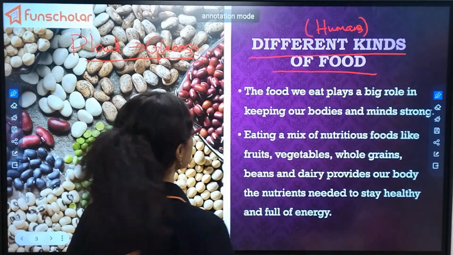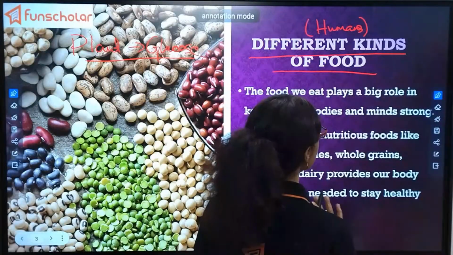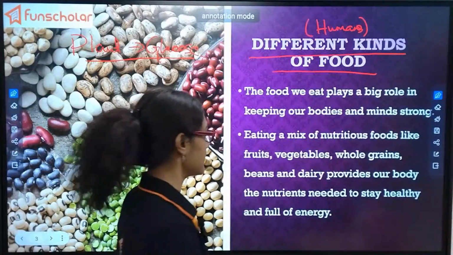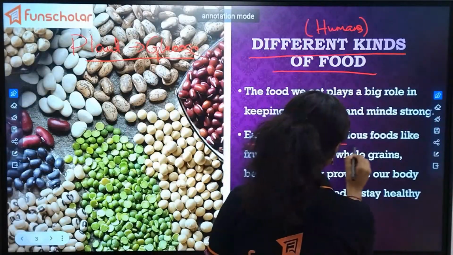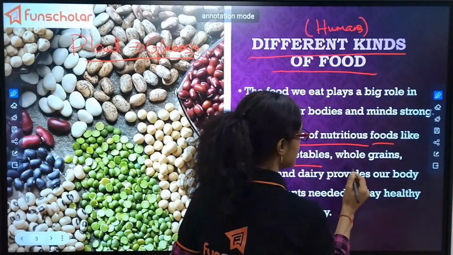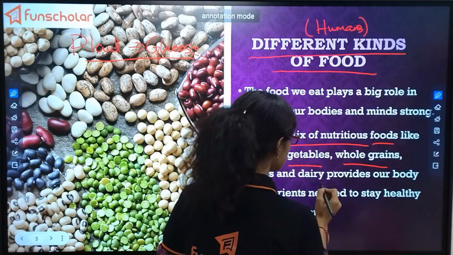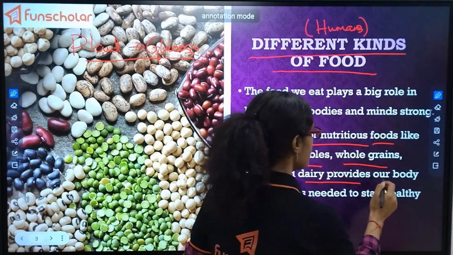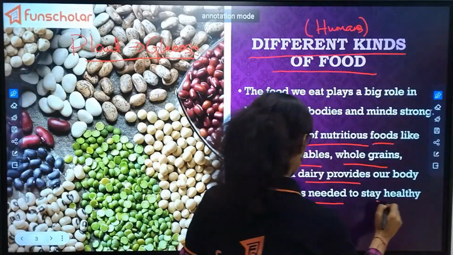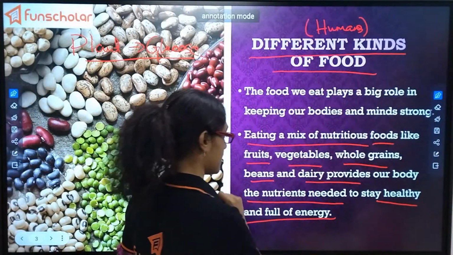Let's read once. The food we eat plays a big role in keeping our body and mind healthy. Eating a mixture of nutritious food like fruits, vegetables, whole grains, beans, and dairy provide our body the nutrients needed to stay healthy and full of energy.